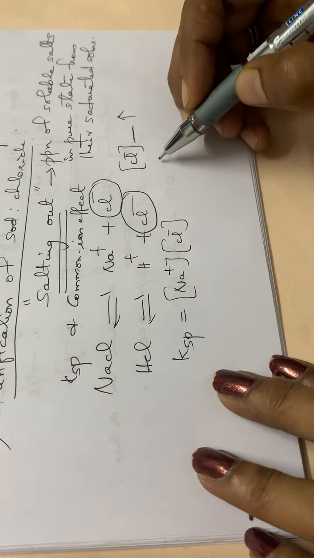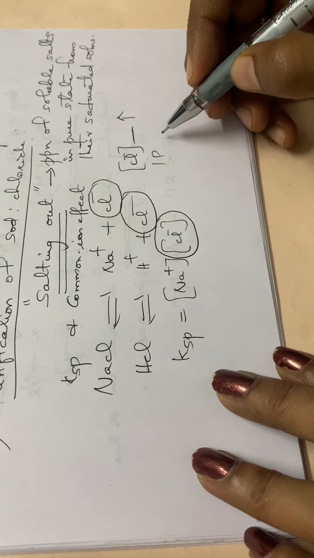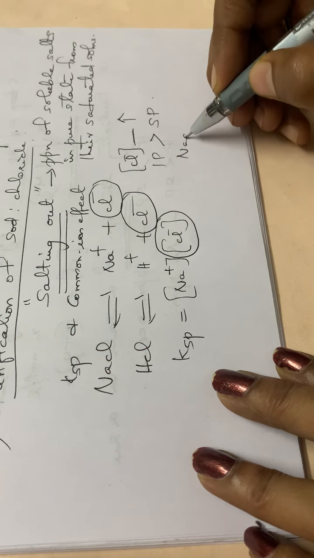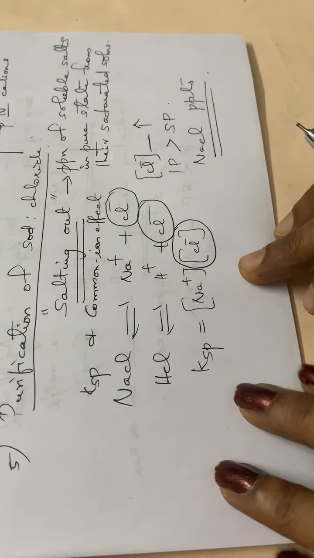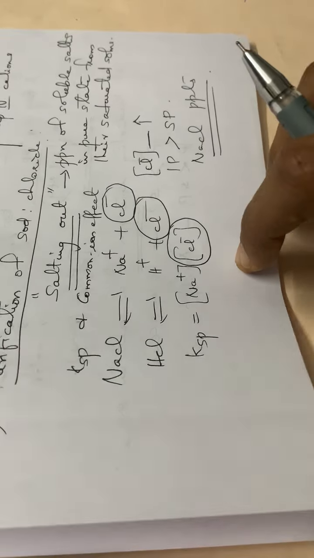The ionic product exceeds the solubility product, and therefore sodium chloride will precipitate out. This is the process of salting out of sodium chloride, or the purification of sodium chloride.